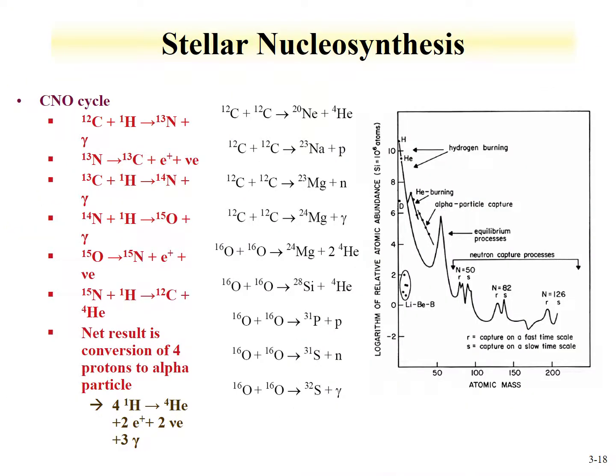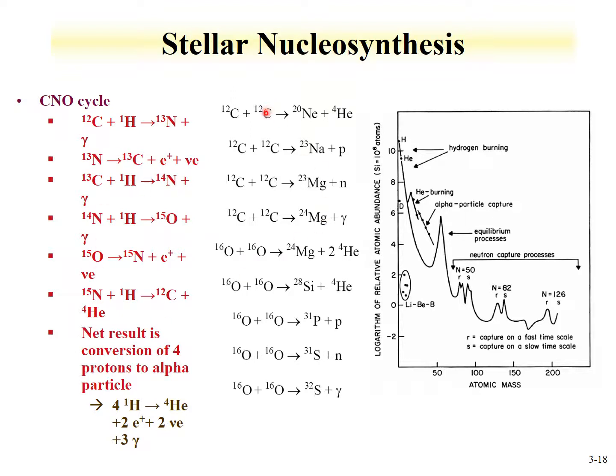Once we start producing carbon, we're able to move beyond carbon to heavier elements. So this is an example of a carbon-nitrogen-oxygen cycle, where carbon reacts with particles such as a proton to make nitrogen, which decays to carbon-13, which can then make nitrogen-14. And some examples are given here for nitrogen reactions.